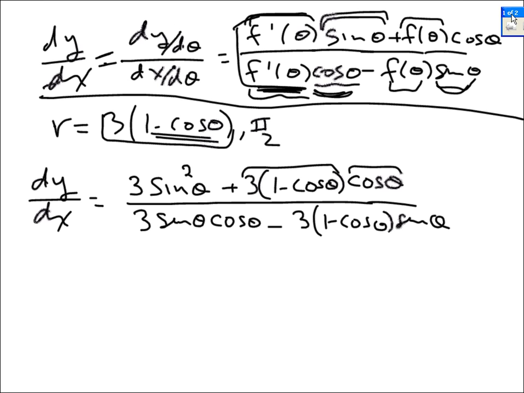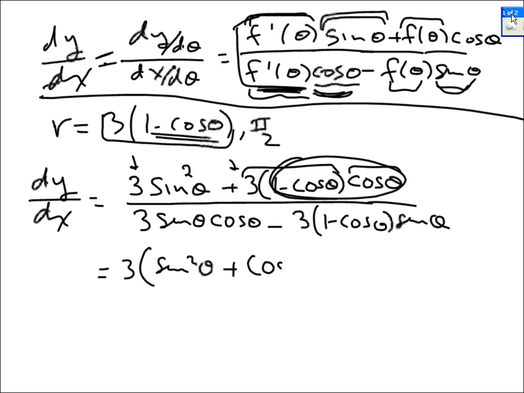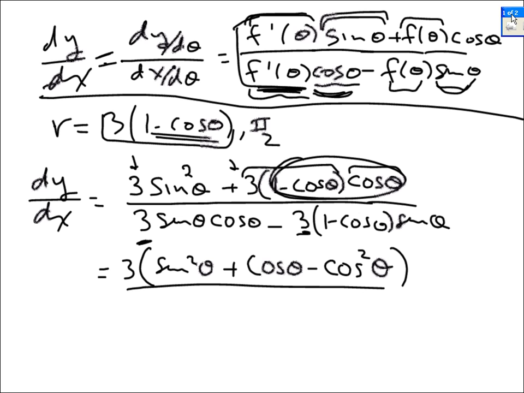And let us clean this up. The first thing I realize is I can factor out a 3. So I get sine squared theta plus this stuff, which is 1 times cosine of theta minus cosine theta times cosine theta. And in the bottom I see I can factor out a 3 as well, and the 3 would actually cancel.